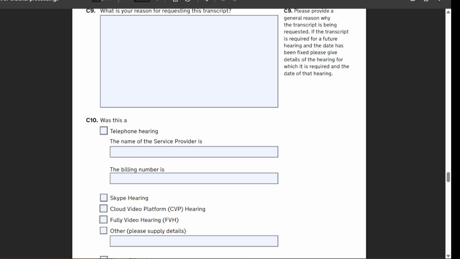That can be filled in, but C9 is very important because you've got to tell the court why you need it. Now, in my view, there's no automatic right to a transcript. You don't get it just because you've got an interest. You have to give them a legitimate reason why you want it.